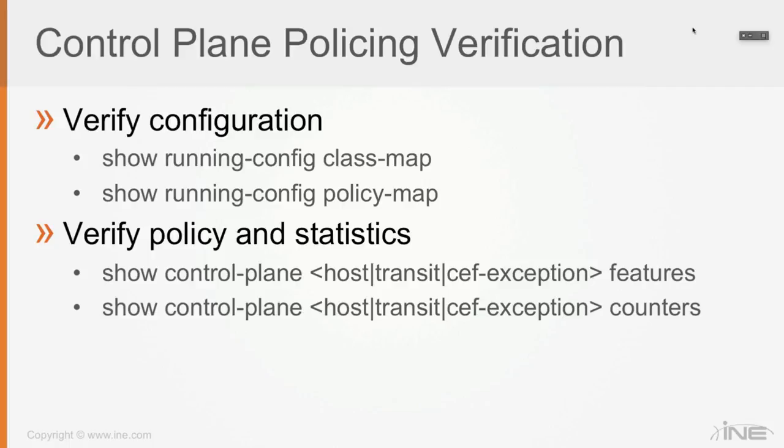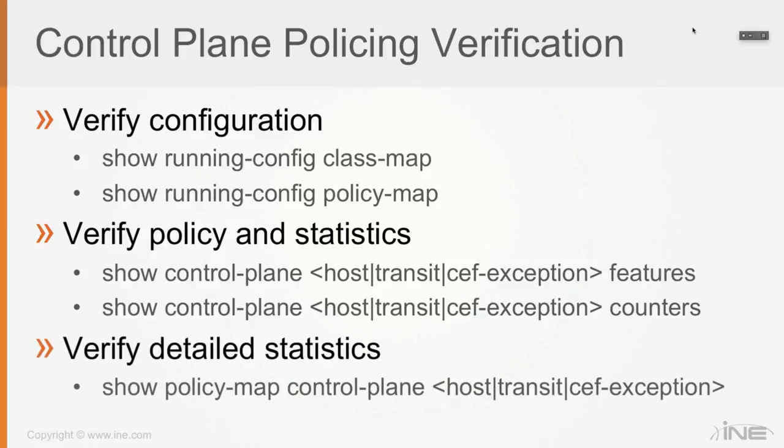So you say show control plane host counters, which means show me how many packets have been dropped or allowed on the host subinterface. And likewise, if you want to verify the detailed statistics, you say show policy map control plane, so still the control plane interface, but then you say for which subinterface: the host subinterface, the transit, or the self-exception one.